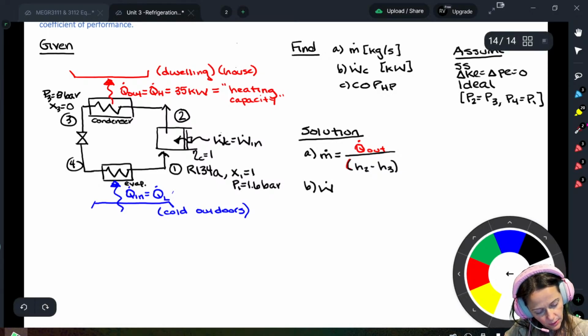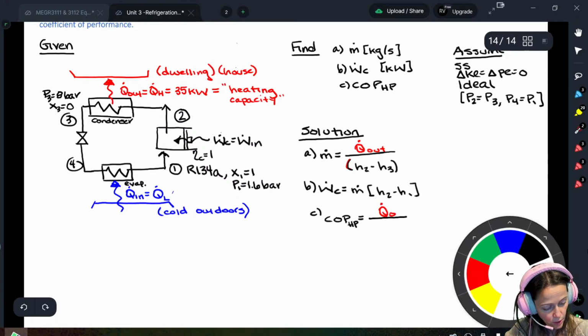Then we'll call it W dot C. Well, presumably at this point we will have found the M dot, and there will be no problem in defining this as M dot times H2 minus H1. And then your COP for a heat pump, it's what you're interested in. What we're interested in here is heating our heated space, Q dot H or Q dot out.